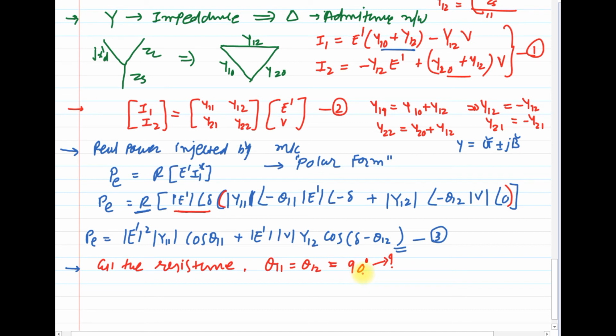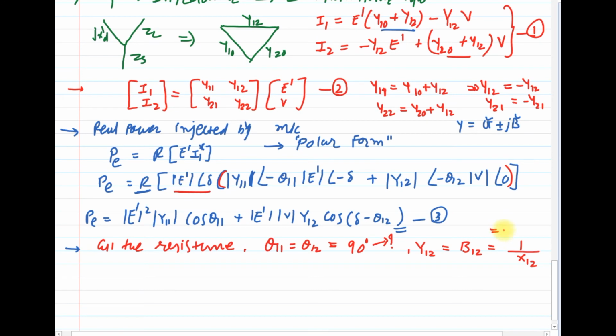Just find it out by yourself as homework. Clear? If we neglect all the resistance, then theta 11 and theta 12 will become 90 degrees, and y12 is equal to b12, which is equal to 1 upon x12. Clear? So just find out why we have considered y12 equal to 1 divided by x12 and theta equal to 90 degrees.